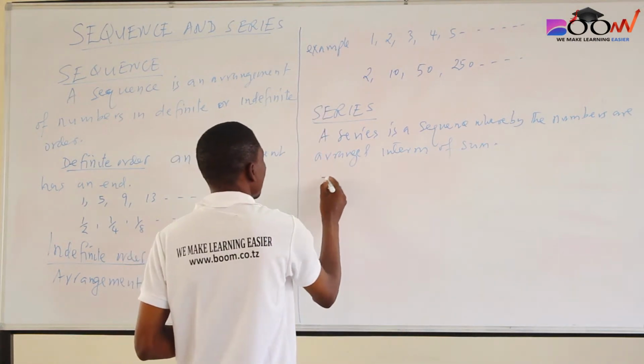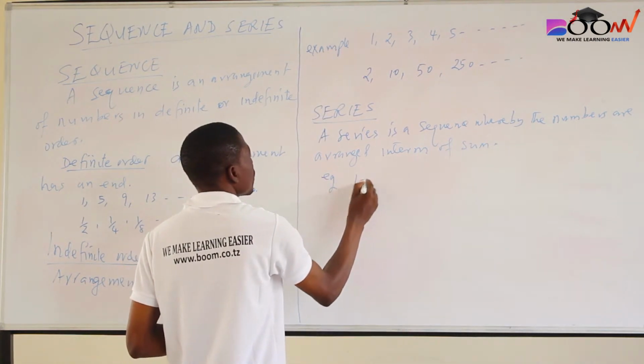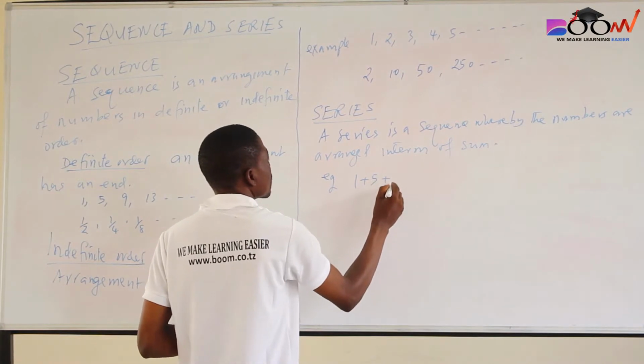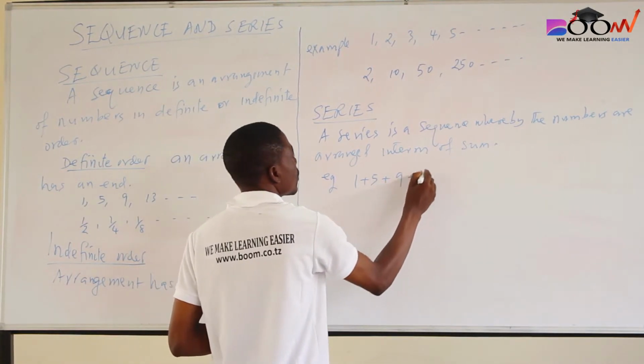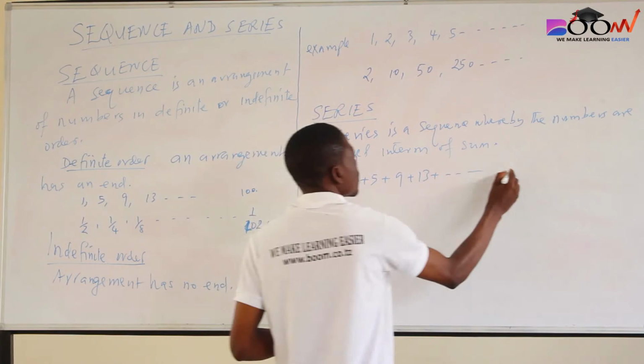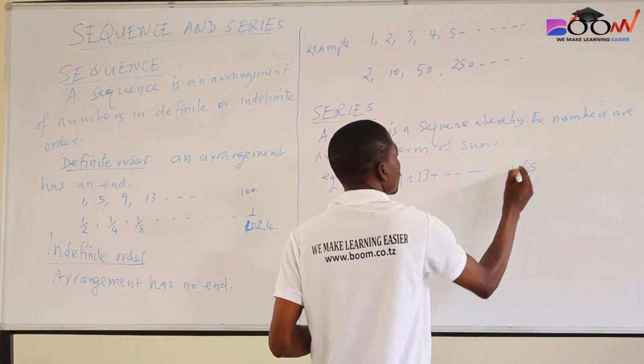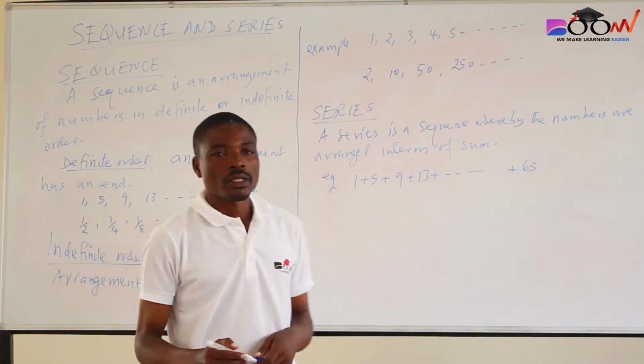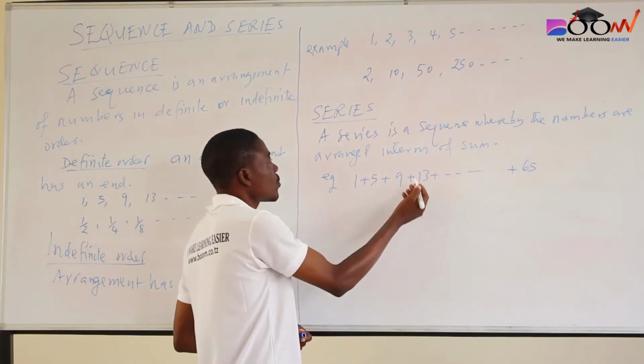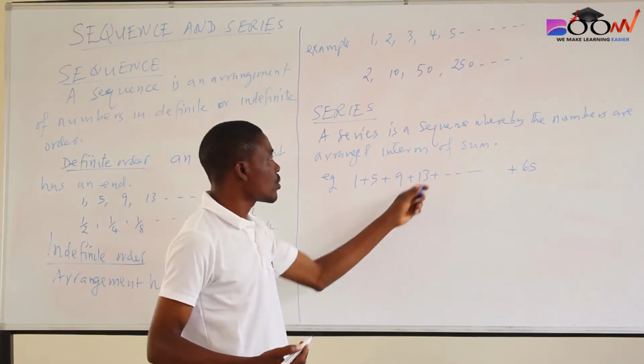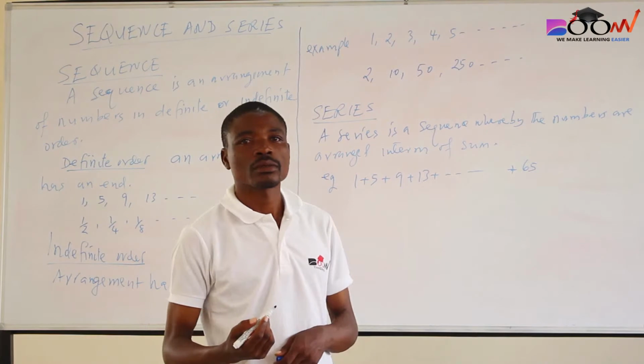Let's say 1 plus 5 plus 9 plus 13, up to 65. Using this addition sign is what is called a series.